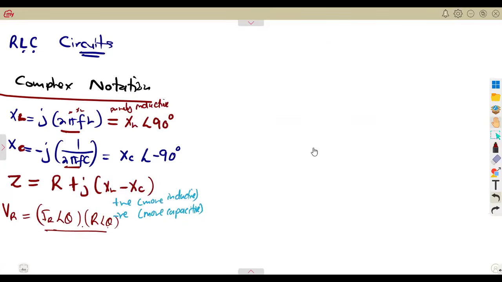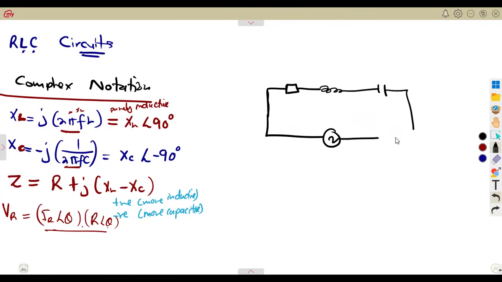Meaning to say, if I am given something like this, let us quickly present it. I'm just going to write in terms of reactances. We're going to see that in our simplification later on. Do not worry, I'm going to talk of these examples. Let's say we've got a resistor, an inductor, and a capacitor, but we are given the reactance values.